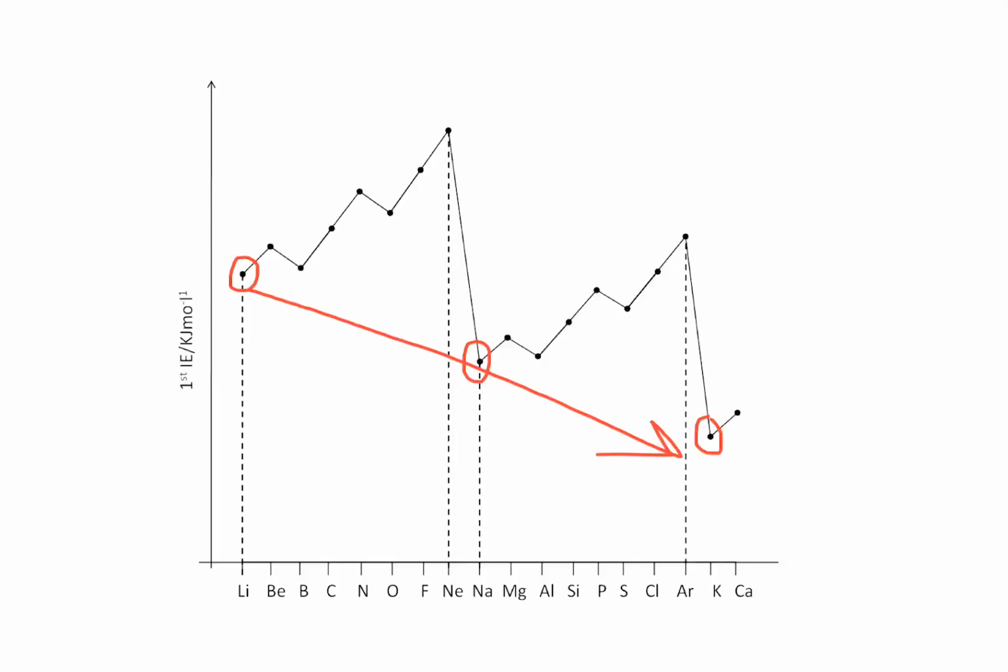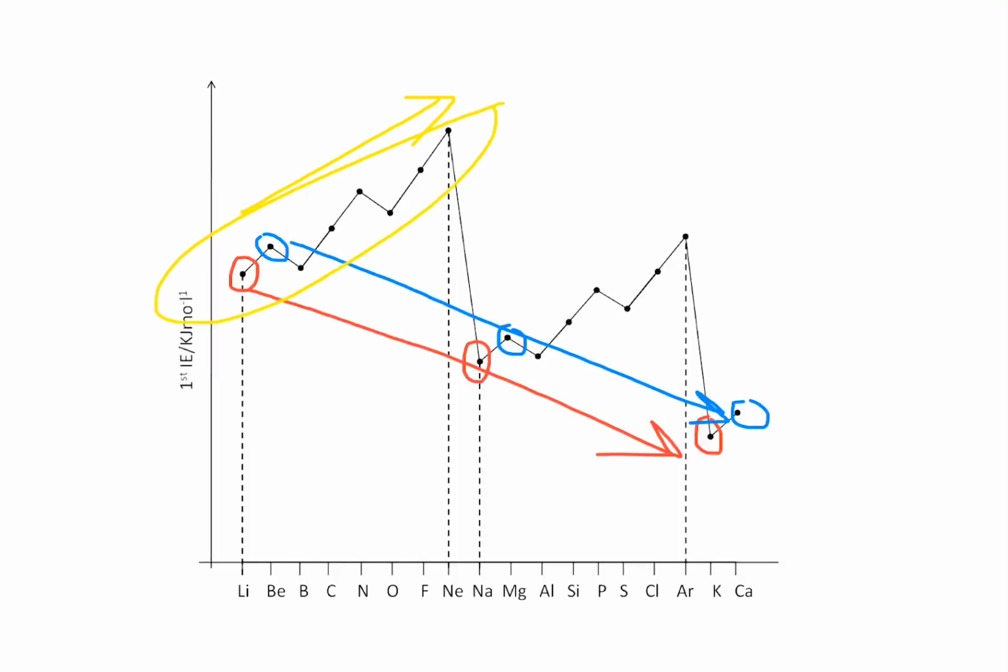Let's look at another group. So that's group 2. You see there is a general decrease of ionization energy as we move down the group, and there is a general increase in ionization energy across the same period. So that's the first period, that's the second period.